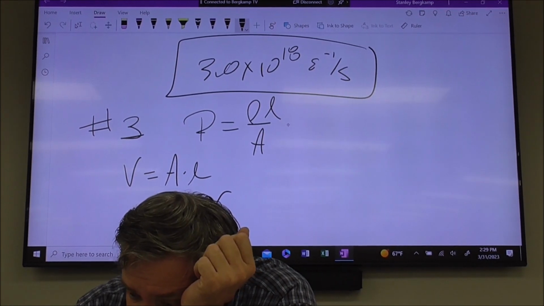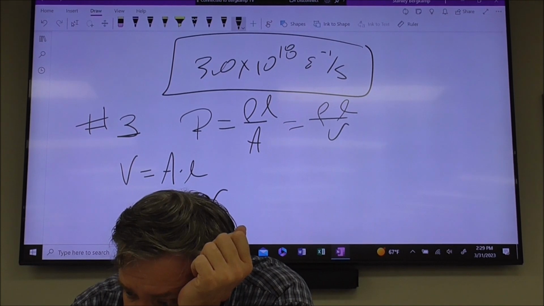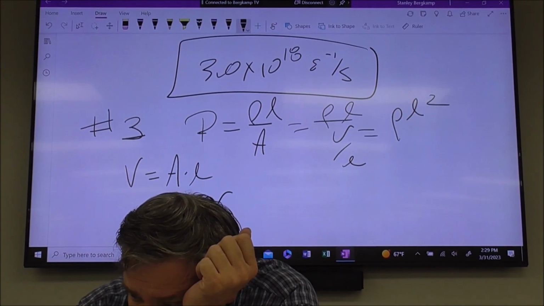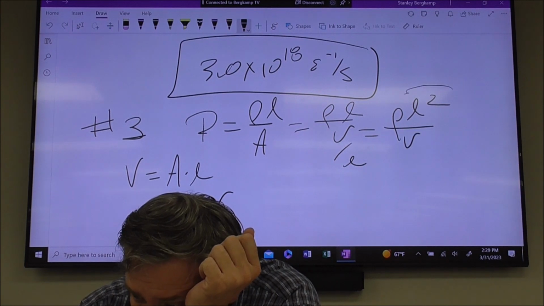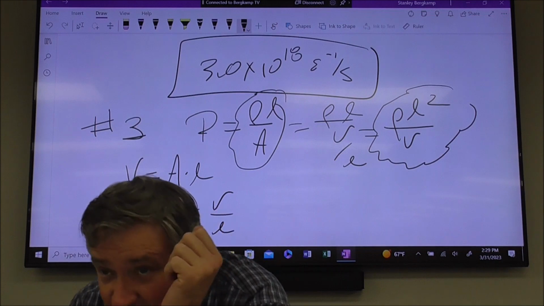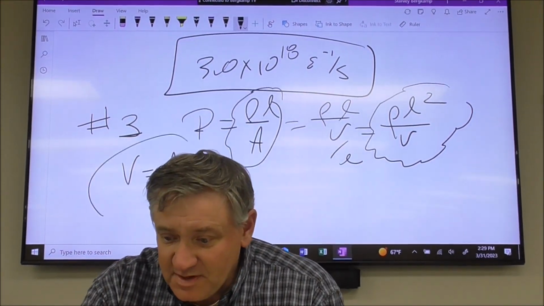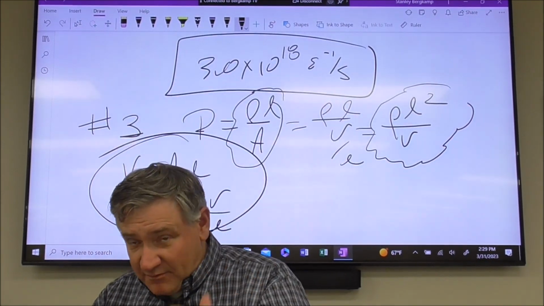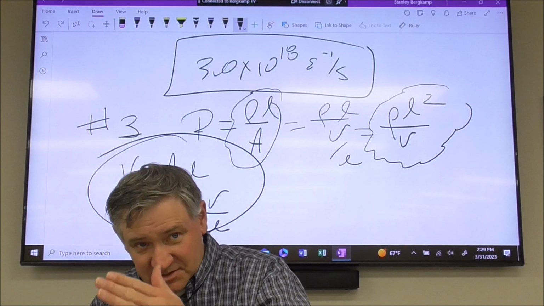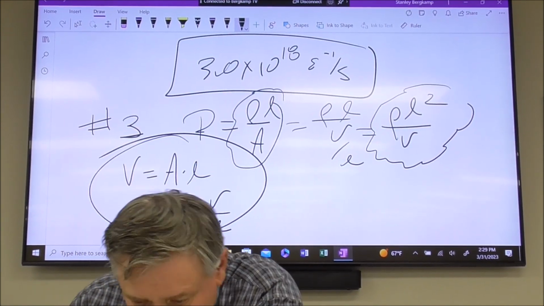Substitute this in and you get rho L squared over volume. That's a handy thing to keep in your bag of tricks.